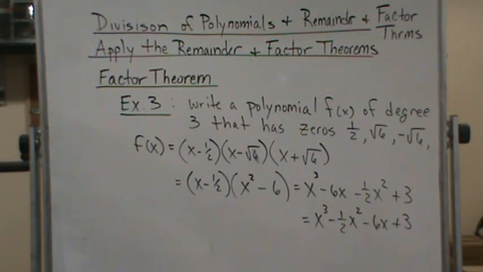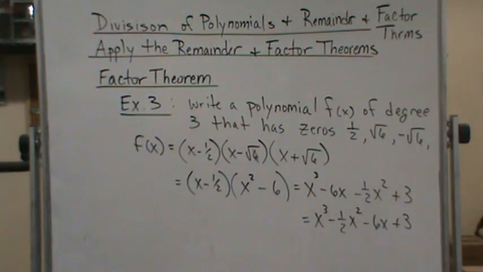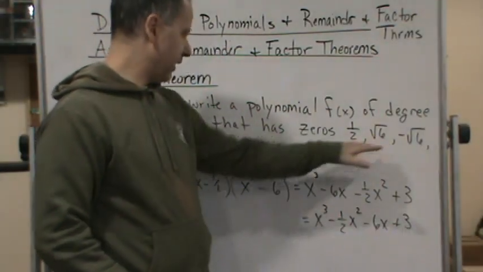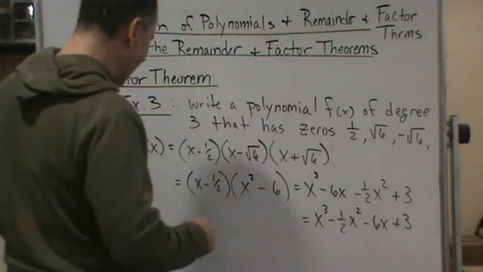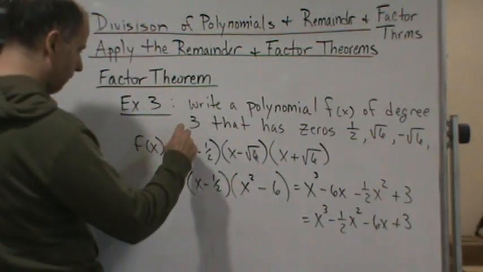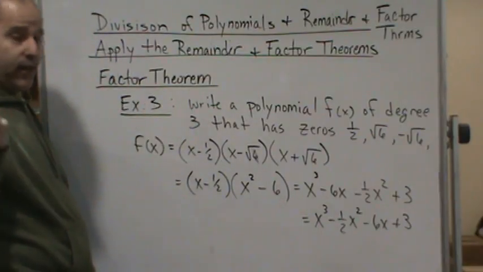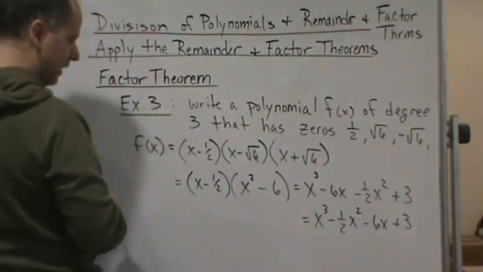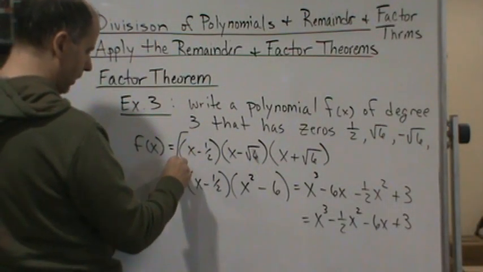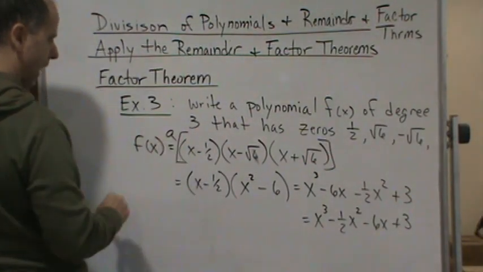Now, the one thing I do want to say is this polynomial that I created, that I found using the information, is not a unique polynomial, because I can multiply, right? So I can take f of x, I can come up with an infinite number of f of x's that satisfy these conditions. All I have to do is multiply by some a value.